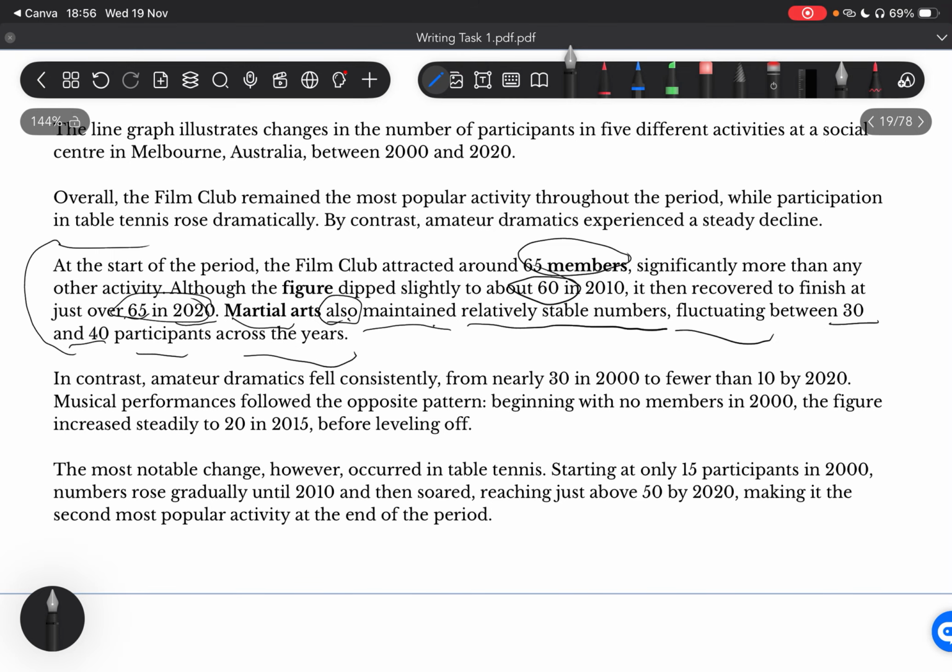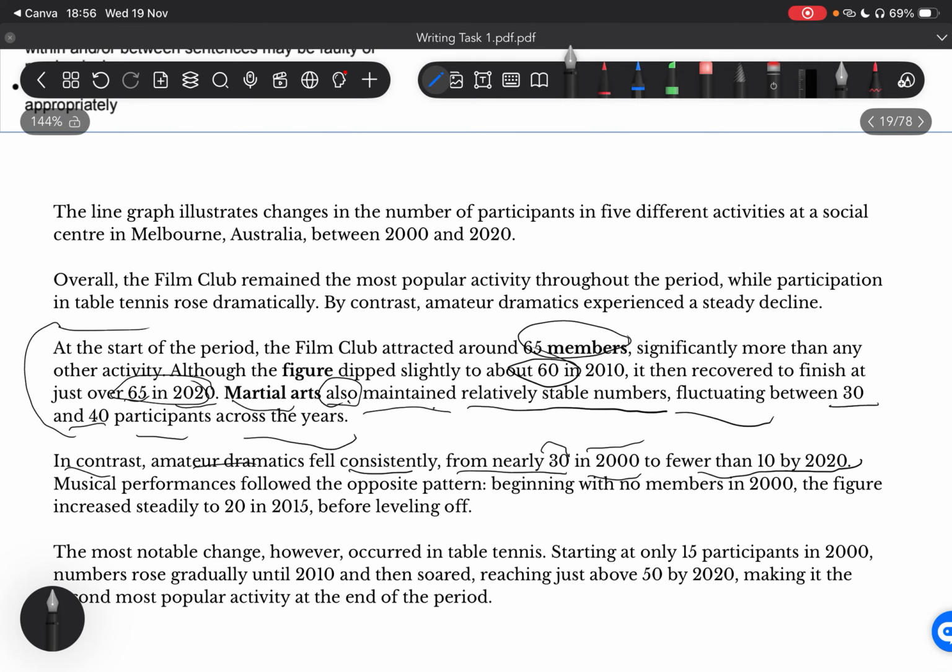Next, in contrast, amateur dramatics fell consistently from near 30 in 2000 to fewer than 10 by 2020. So it's very important to mention the details, like the numbers and then the years it happened. Musical performance followed the opposite pattern.